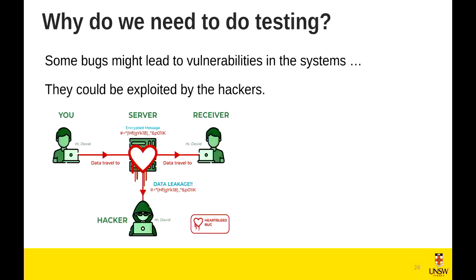One of the famous vulnerabilities in recent years is called Heartbleed. It was found in the library called OpenSSL, and you may not have heard about OpenSSL before, but you must be using it every day.